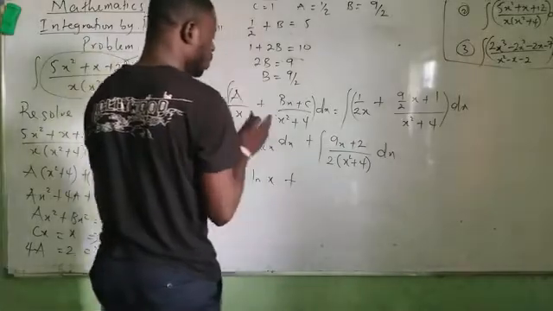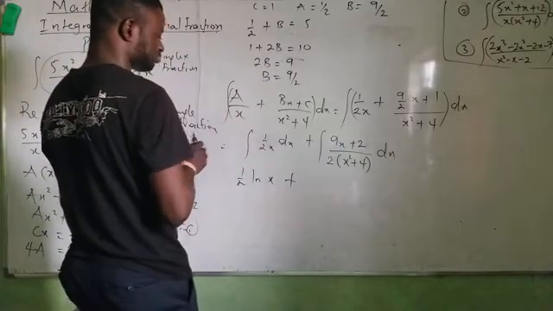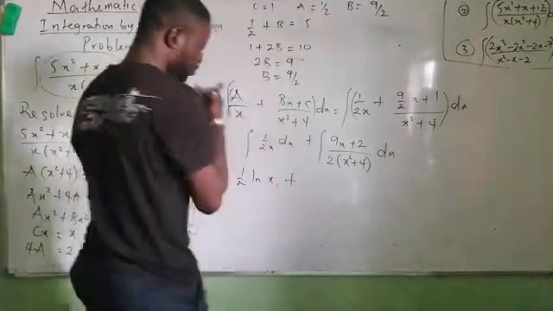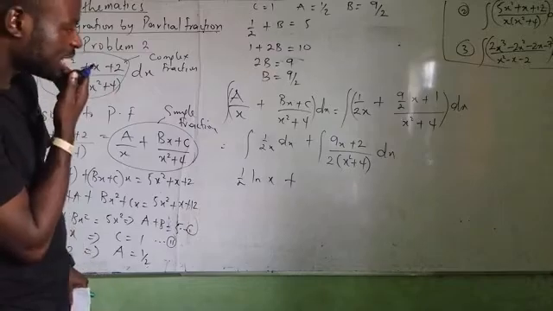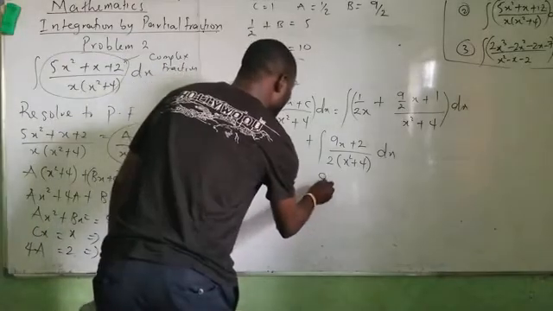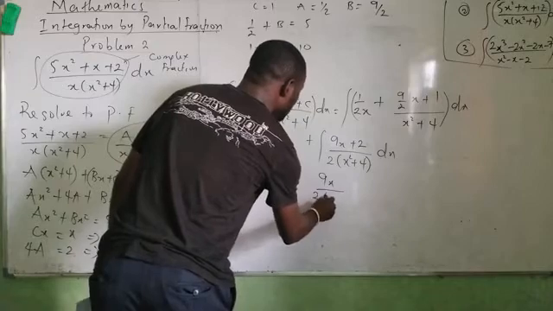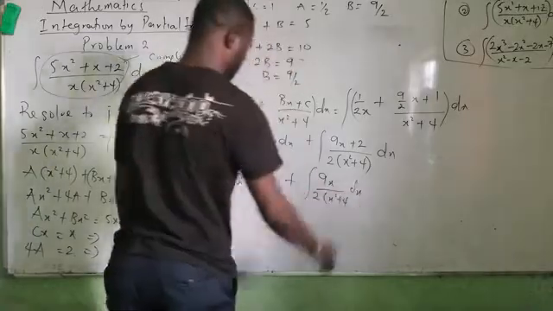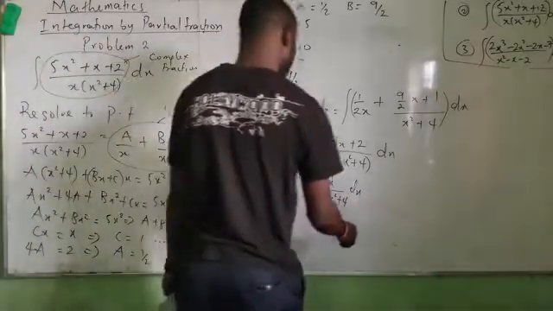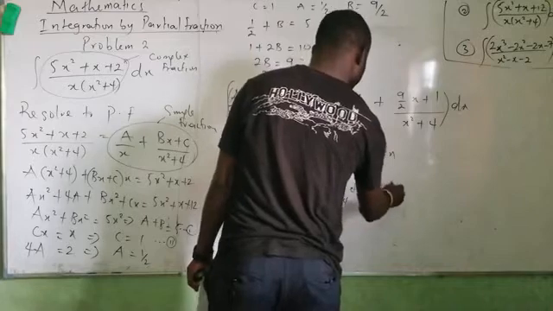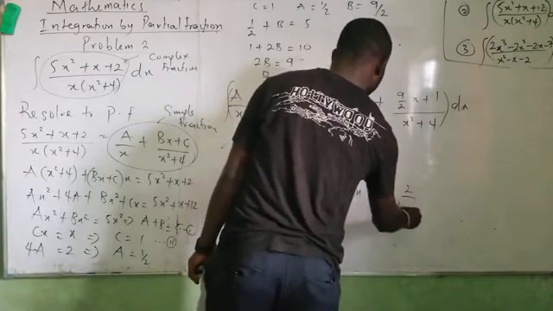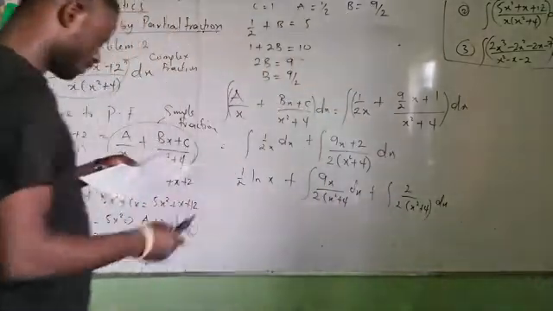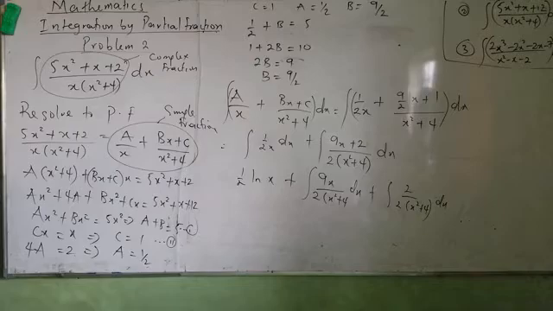What I will just do here is that I can decide to say that 9x all over 2 (x squared plus 4) with respect of x, plus 2 all over 2 (x squared plus 4), with respect of x. That is what I just need to work on here.